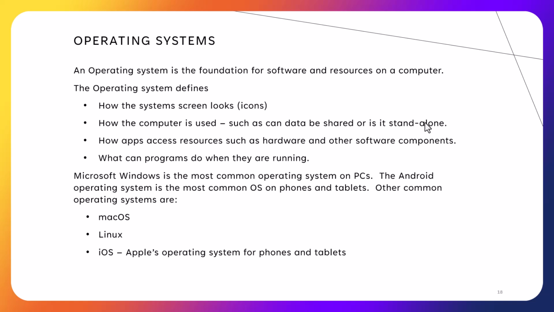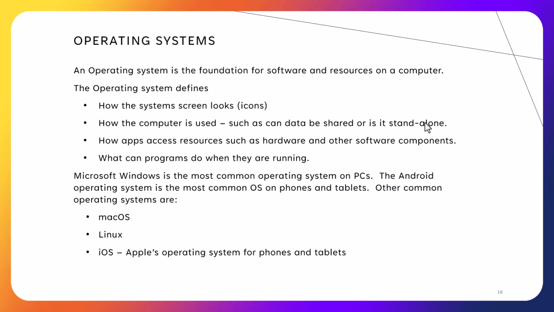Can data be shared, or is it standalone? How do the apps access resources such as hardware and software? Yes, they use drivers, but can they access all hardware? Can they access all software? The operating system defines how that occurs, and what programs can do when they're running.